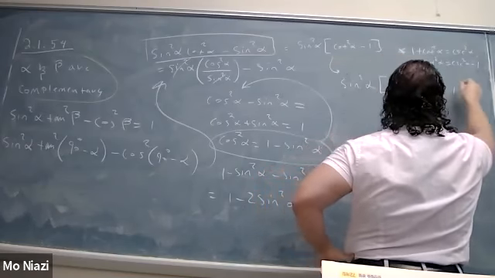So this becomes, but this is the same thing as, so these cancel, and again you're left with, does that equal 1?